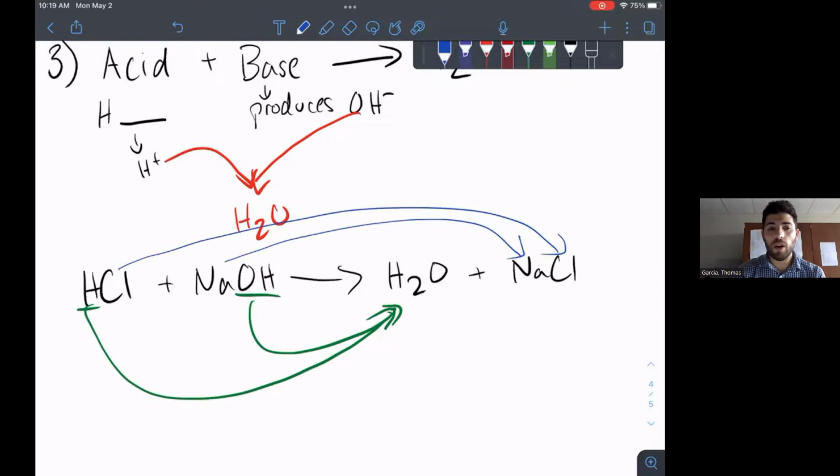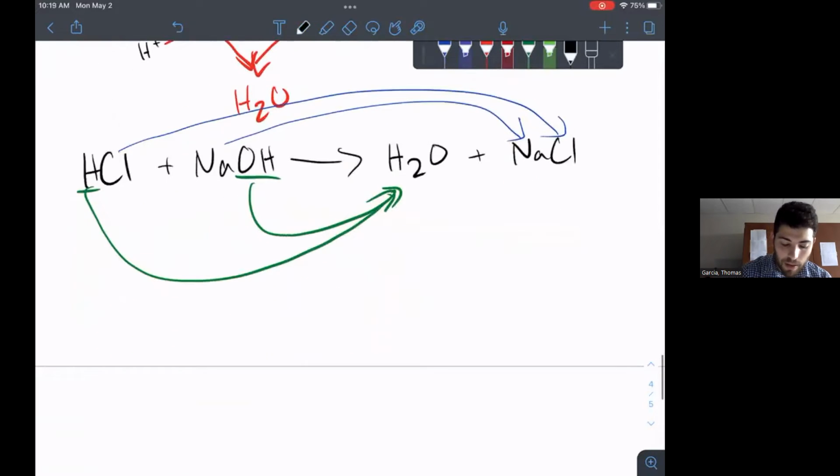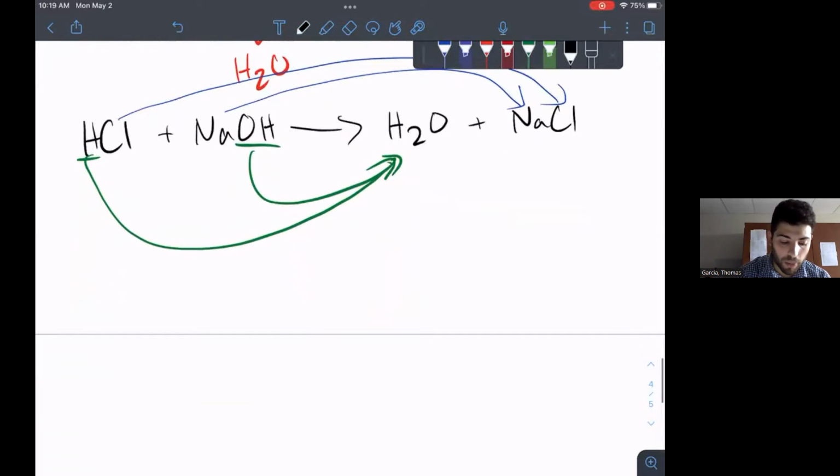A couple things that you want to be wary of is when you're doing these reactions, you always have to balance it. So when we give you some trick problems, we might maybe talk about, for example, let's try H2SO4. So this is sulfuric acid. It actually has 2 hydrogens.